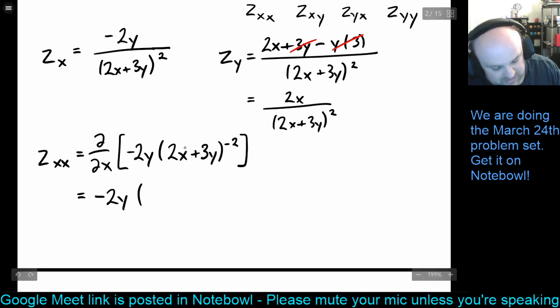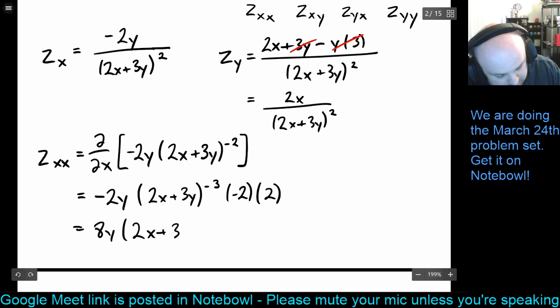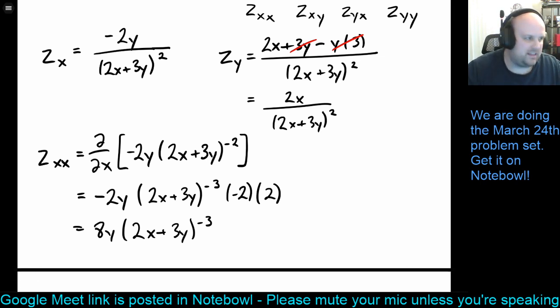Now I'm going to have to use basically the power rule, chain rule combo on this. So 2x plus 3y, subtract 1 from the power. I forgot to multiply by the actual power coming down, so that negative 2 comes down, and then times the derivative of the inside, which is 2. There's lots of 2's here. So this is going to be 8y times 2x plus 3y to the negative 3. Of course, you can rewrite that to put the 2x plus 3y to the minus 3 back on the bottom. At this point, it's not such a big deal anymore.